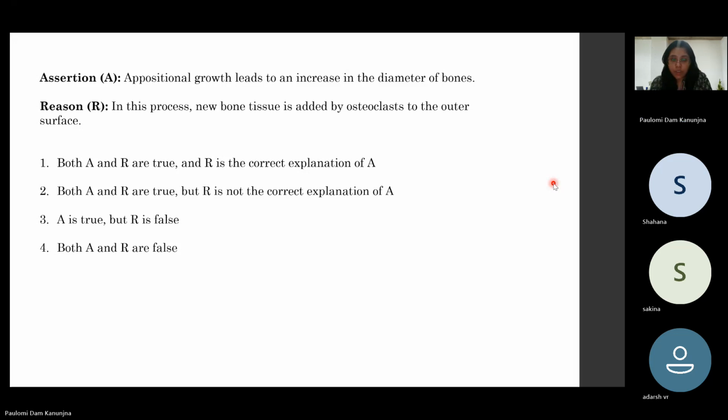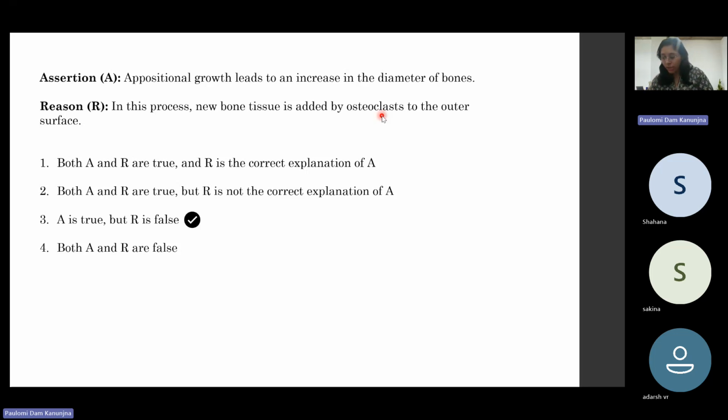All right. The answer is three. Okay. Statement A is correct, right? Statement B is incorrect because of clast. Remember, people, whenever you are answering, my suggestion always is that look at the words. Clast. Clast is for breaking of bones or resorption. Blast is which makes the new cells or matrix, osteoblast.